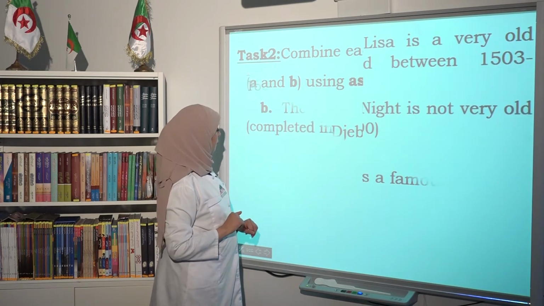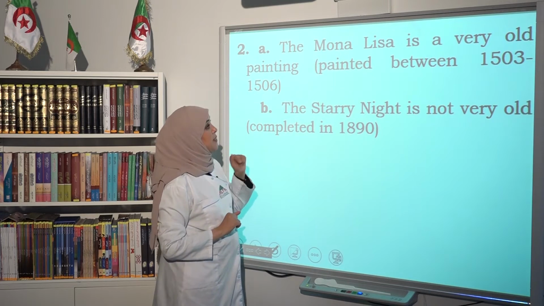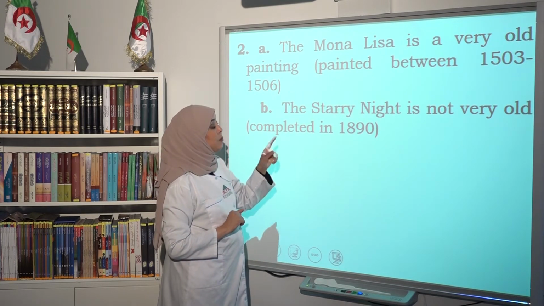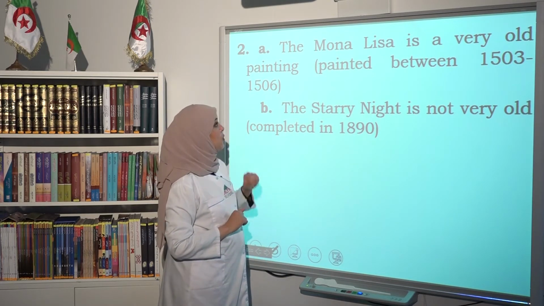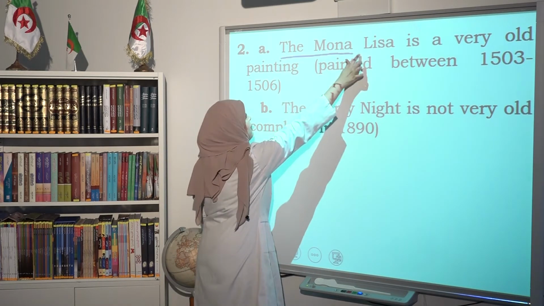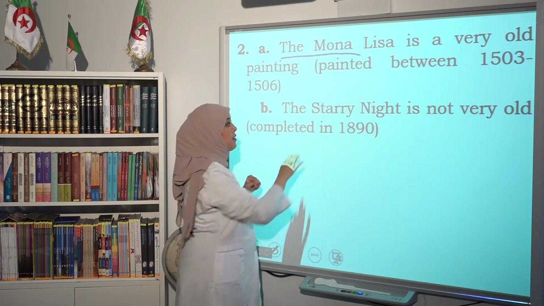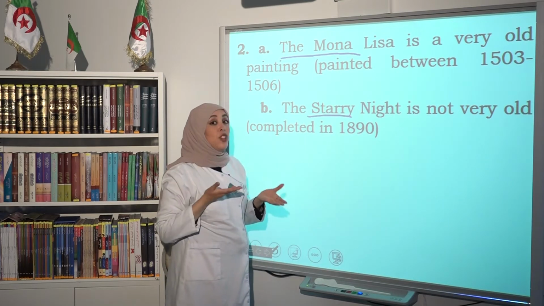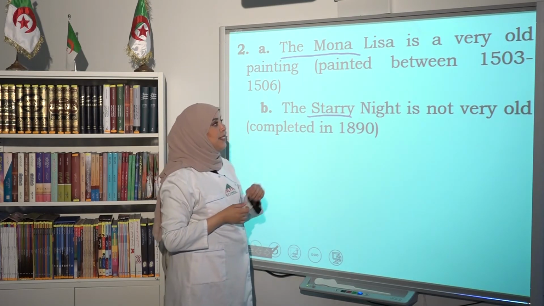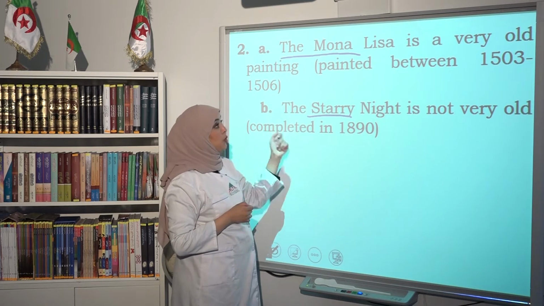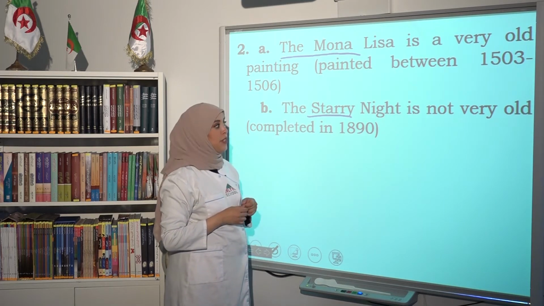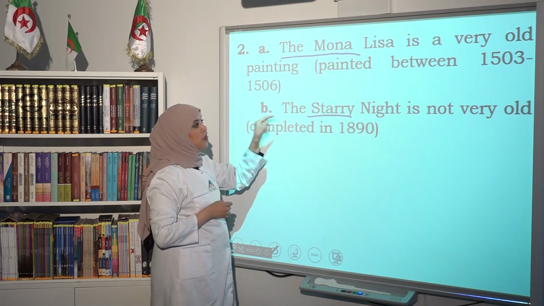Okay? Now, the Mona Lisa is a very old painting, painted between 1503 and 1506. So here, the Mona Lisa, a painting. The Starry Night, another painting, is not very old, completed in 1890. So this one would be older than this one. I'm going to use inferiority. I'm going to start with this one.